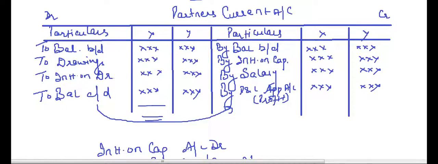How? If the balance is debit or the drawings are more than the appropriations. Clear? So we can have a debit balance also. Right? Clear? So this completes our partner's current account.